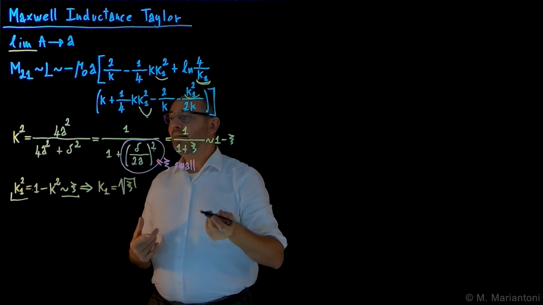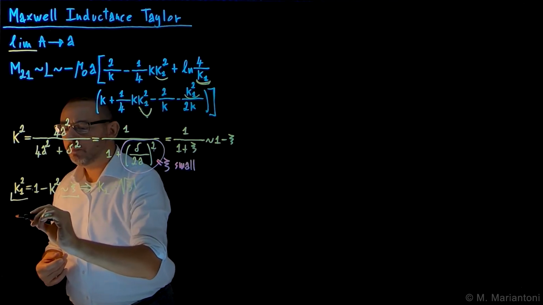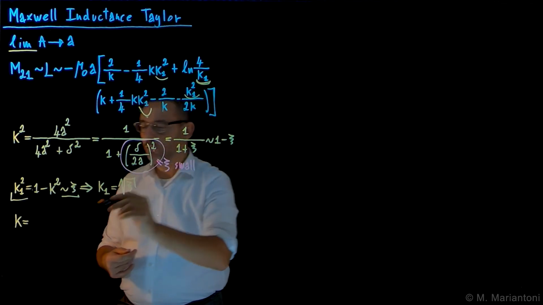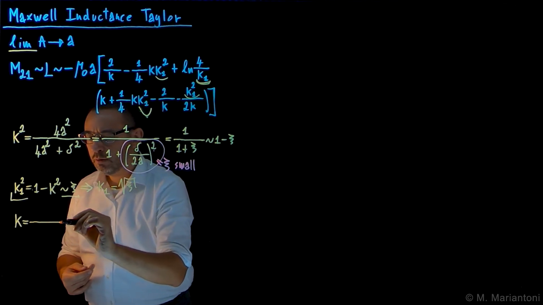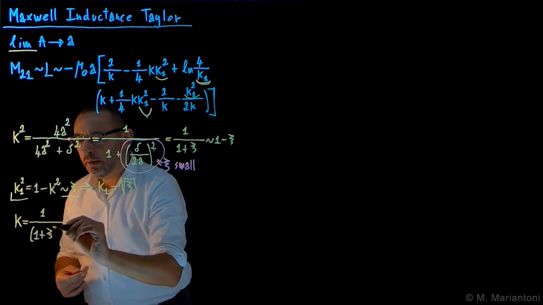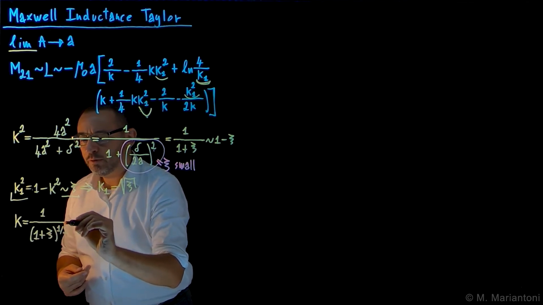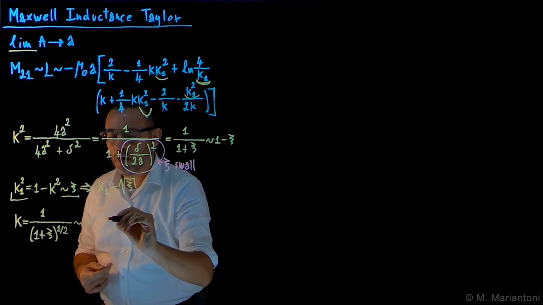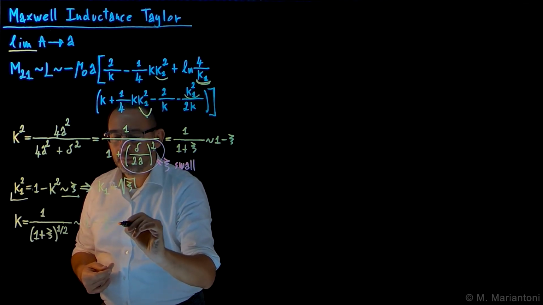Finally, we also need k, but k is very simple because k is the square root, of course, of k squared. So it's 1 over square root of 1 plus psi. And if you tailor this one, you should know the result is 1 minus 1/2 psi.